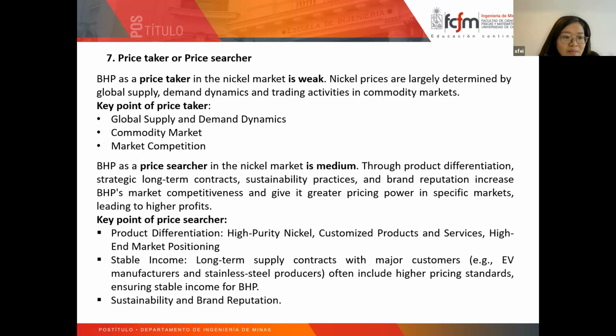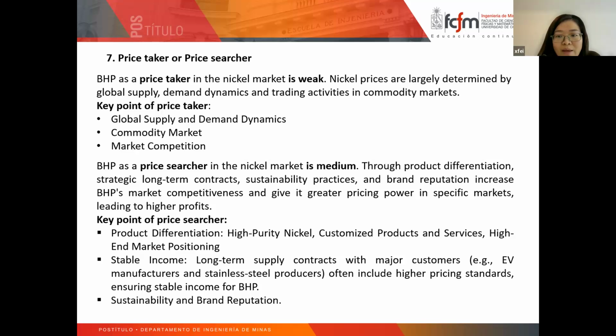BHP as a price searcher in the nickel market is medium. That's because of, the first one, product differentiation. BHP produces high-value, high-quality nickel products used in electric vehicle batteries, which are in high demand and can command high prices.